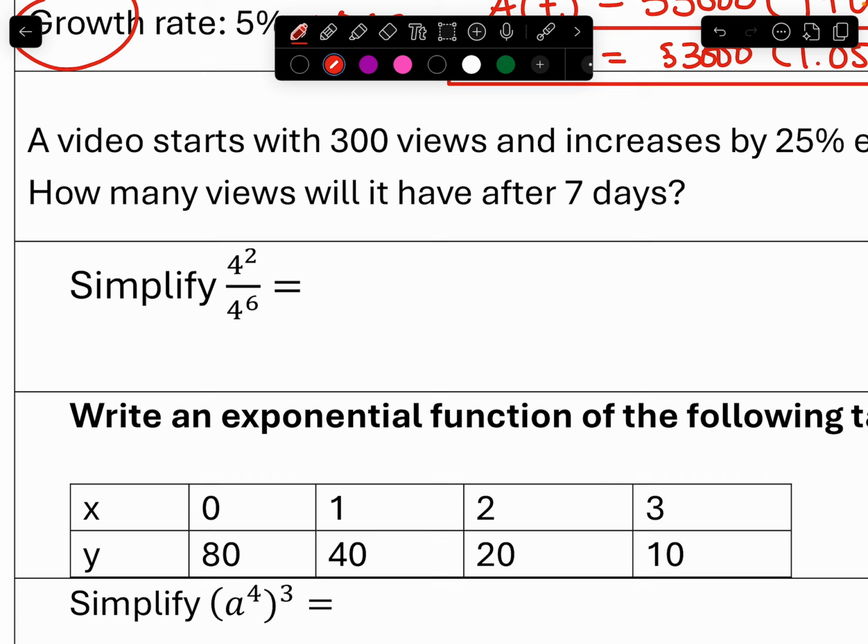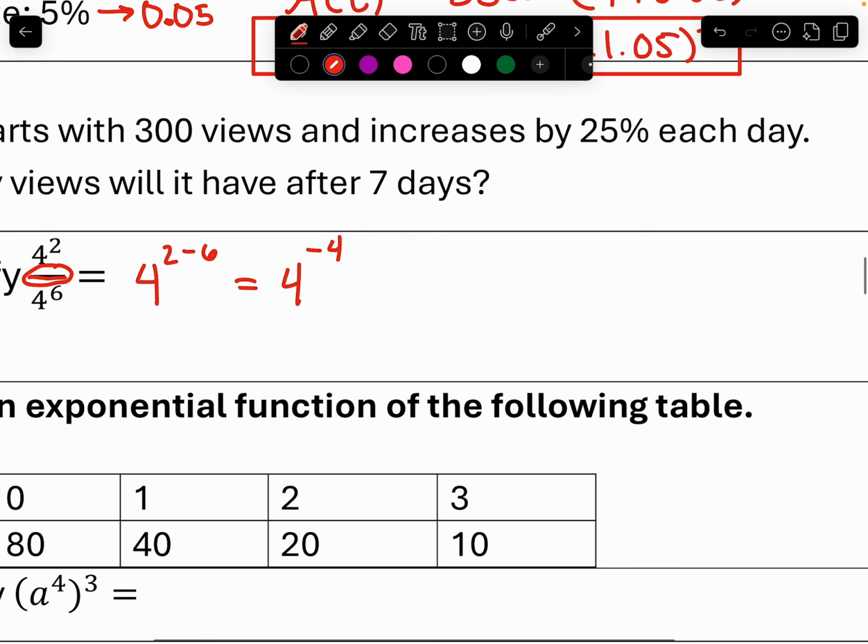Simplify 4 squared over 4 to the 6th power. We have a division problem, so pretend this should be your sign to do subtraction. 2 minus 6, 4 to the -4. Okay, 4 to the -4, we don't want negative exponents, so we want positive exponents.